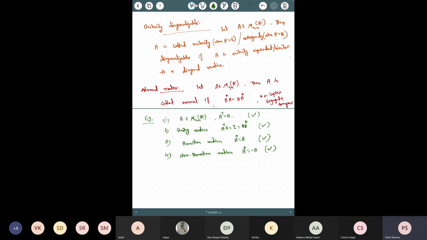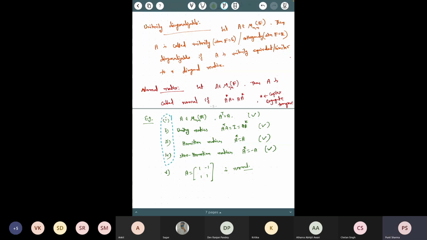But there are other matrices, examples of matrices which do not belong to any of these classes, but they are still normal. For example, you just take this 2 by 2 matrix. You can verify that this matrix is normal, but it does not belong to any of these 4 classes of matrices.